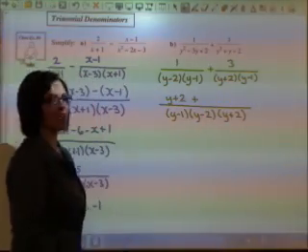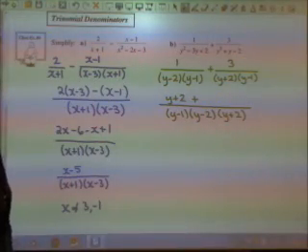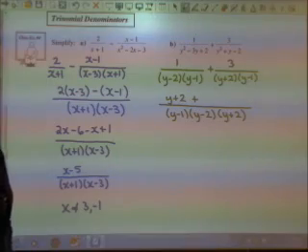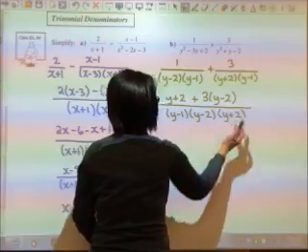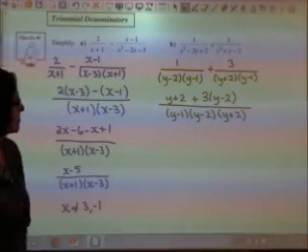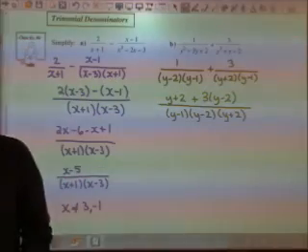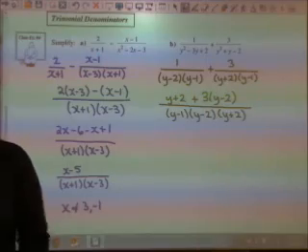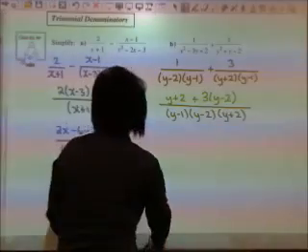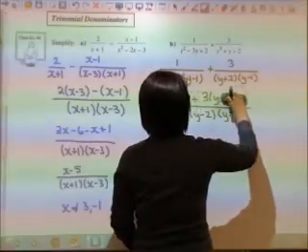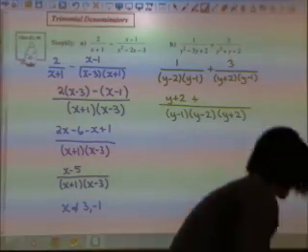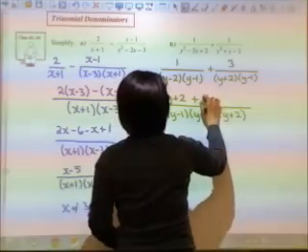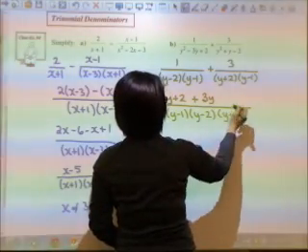What do I multiply the second expression by? Y minus 2. And what is 3 times y minus 2? 3y minus 6. So 3y minus 6.